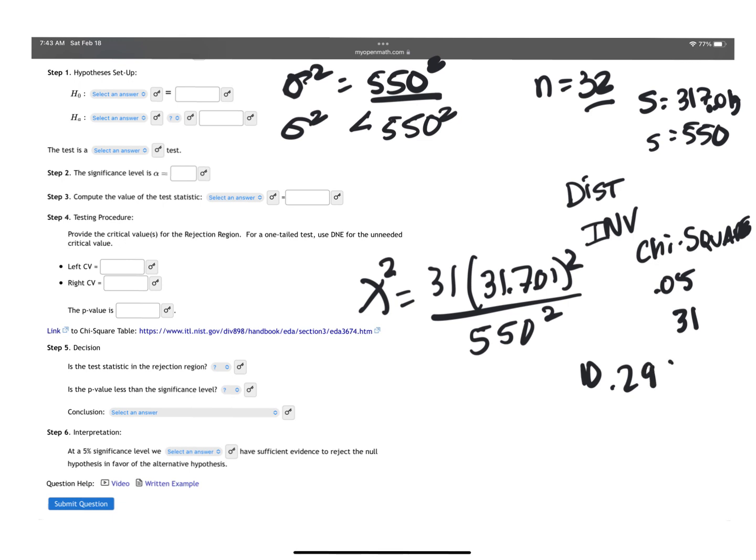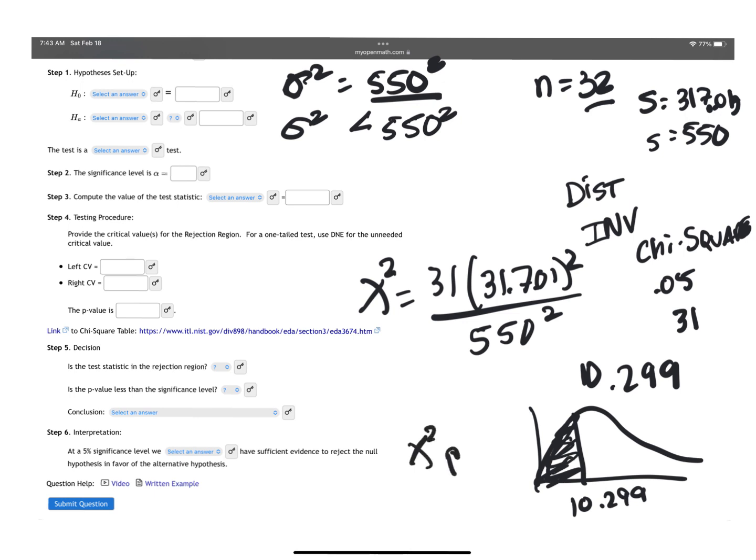We're going to find the value of that on the chi-squared. We're looking for the value to the left of this. Use chi-squared CDF on your calculator or in Minitab to get that value.